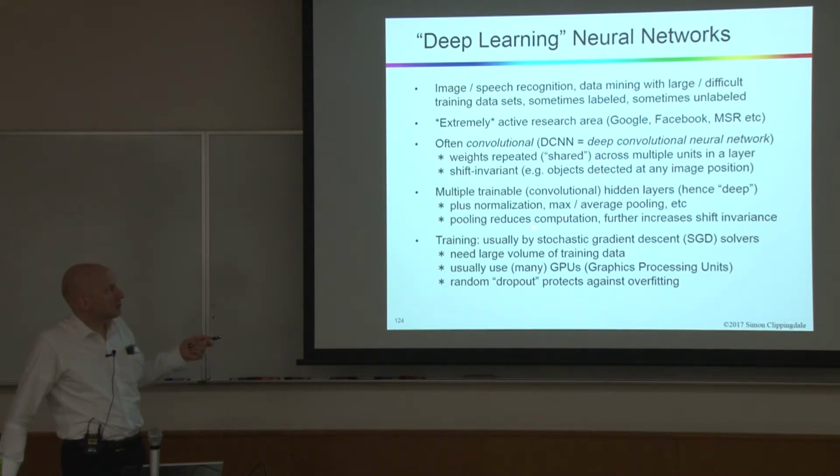That reduces computation and increases shift invariance. Training is usually done by stochastic gradient descent solvers. The network architecture and the training require large volumes of training data. But now, fortunately, that's possible because we have this large volume of training data in a lot of applications now.